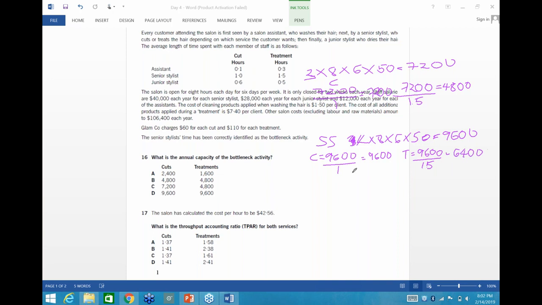Okay, so for junior stylists and assistants, they said we have 2 junior stylists and 2 assistants.